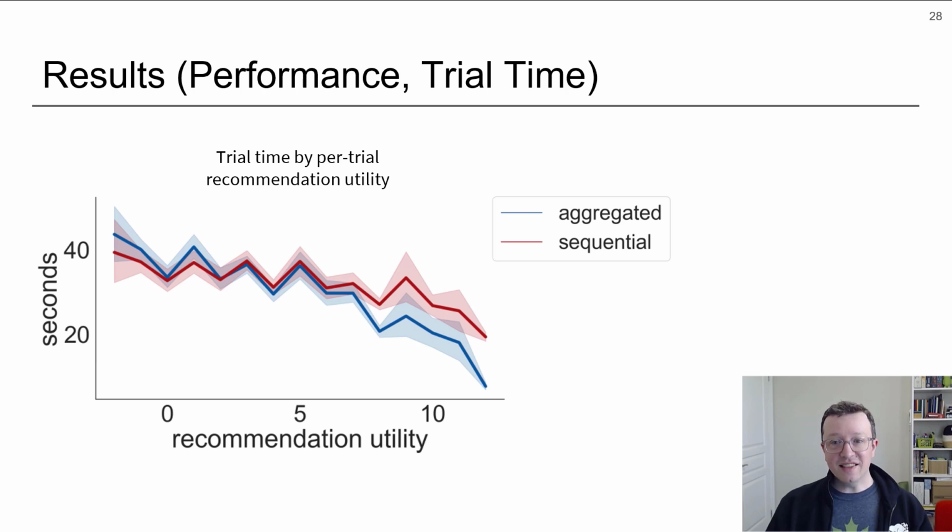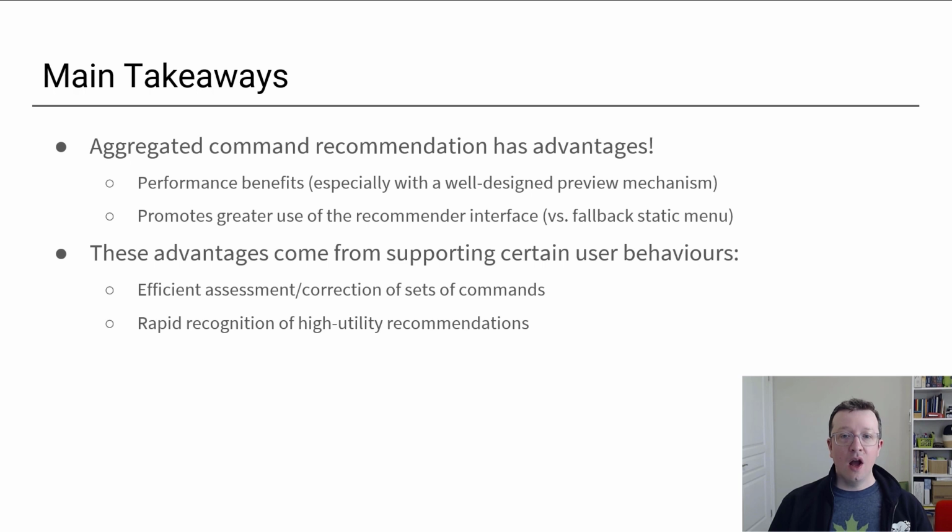And so what this suggests is that a benefit of the aggregated approach comes from enabling the user to rapidly recognize and take advantage of high quality recommendations. And the difference here is actually quite significant. In the perfect case, you have about 19 seconds for sequential versus only 8 seconds for a trial in the aggregated case.